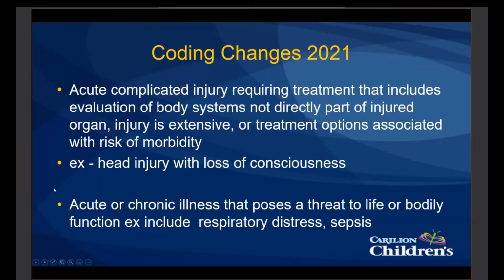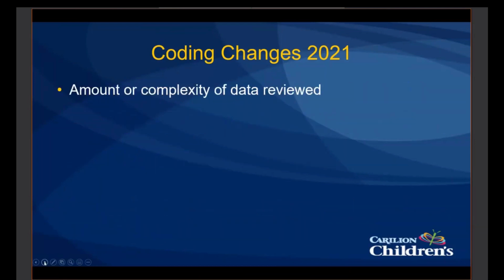So each test ordered or reviewed is counted as a data point. If you review a test at one visit, you cannot count it again at the next visit. The exception to each test being counted as a data point is that if it is done in clinic, you can only count it once.